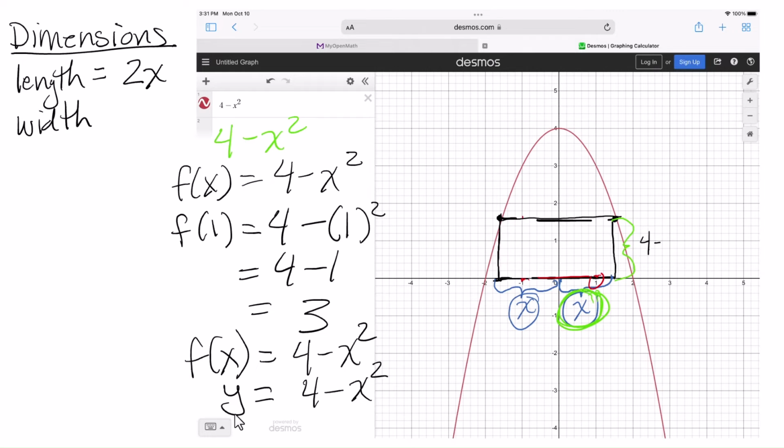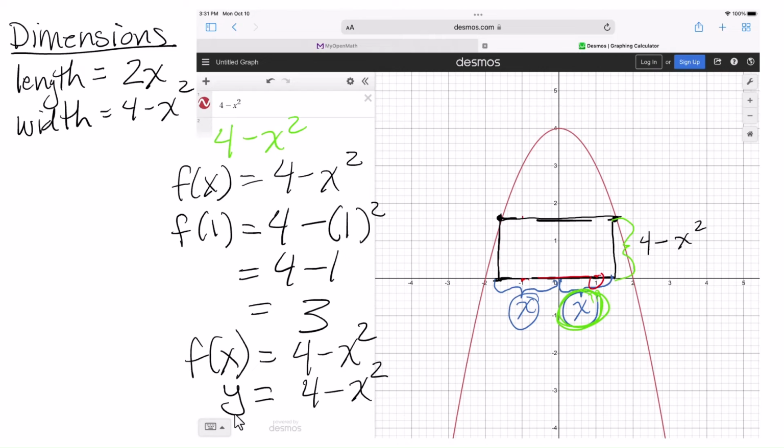So this distance, our width, is going to be 4 minus x squared. When I plug in my x value, I get out my y value. If I don't have a value for x, my y value is just the whole function. That was the tricky part of this question, figuring out how to define your variables.